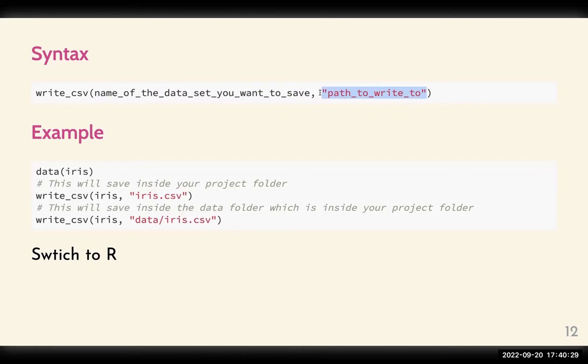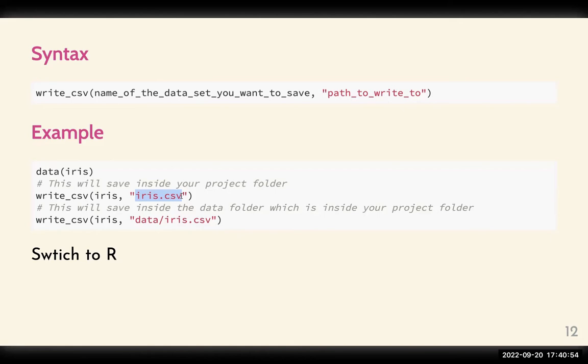For example, suppose you want to save the iris dataset as a CSV file inside your current working directory. So here you have to type iris, and here you have to give the path. Now the path is iris.csv. This will save the iris dataset inside your project folder under iris.csv.